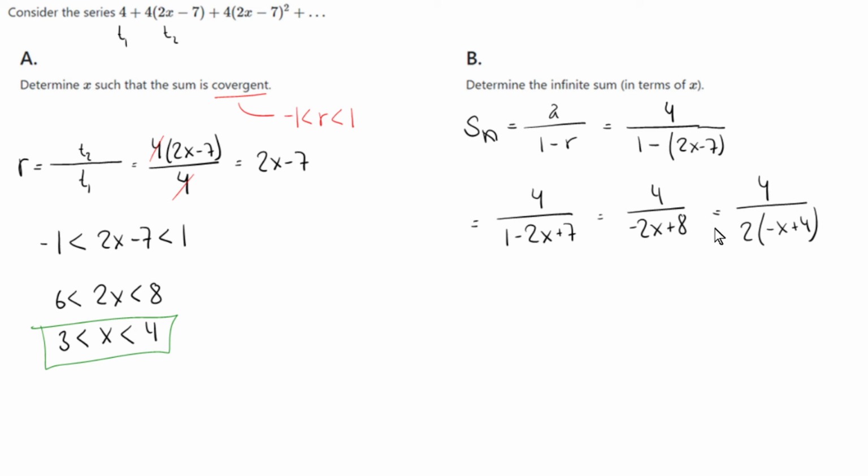We can reduce. This 2 disappears. The 4 becomes a 2. And we have 2 over, and I'm going to reverse these two terms, so it's going to be 4 minus x. So that's the sum towards which this geometric series approaches as we go to infinity.